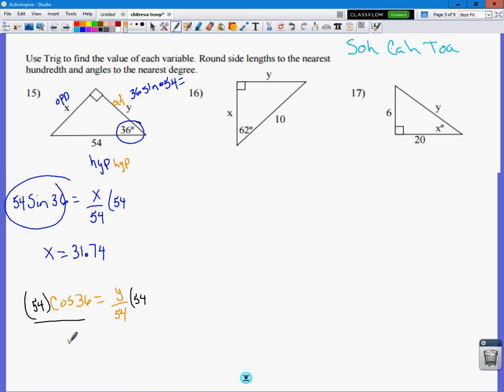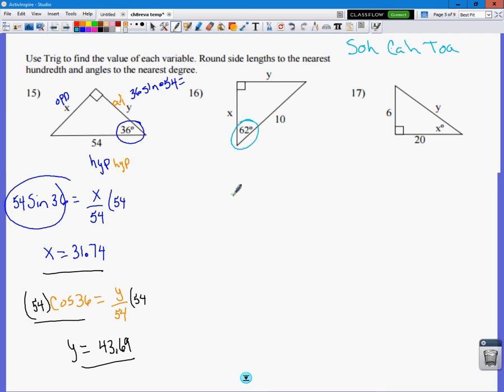This is what gets keyed into the calculator. And so we'd key in 36 cosine times 54 and hit equals. And this will come up to 43.69, rounded to the nearest hundredth. There's my x and my y.